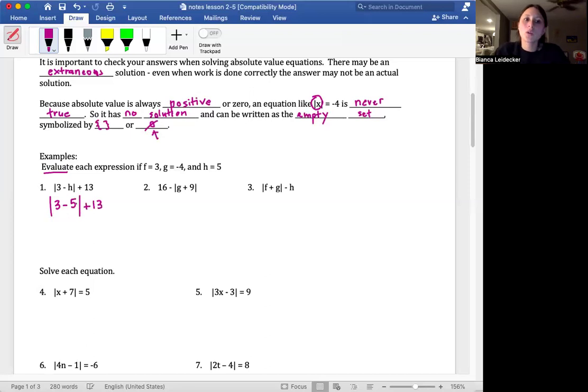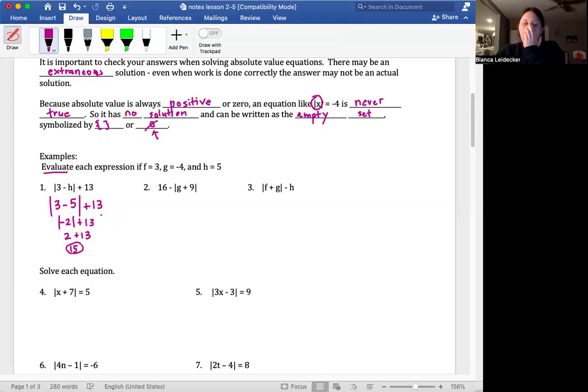So I need to work out what's inside my absolute value. 3 minus 5 is negative 2. I'm going to keep that absolute value until I have rewritten this as its true value. So the absolute value of negative 2 is positive 2. So now I'm going to write it as 2 plus 13, and that would be 15.